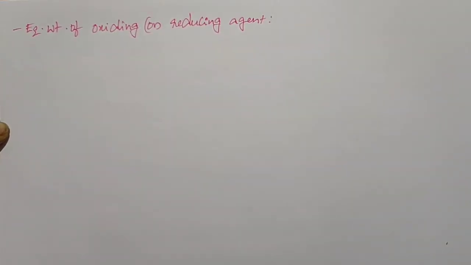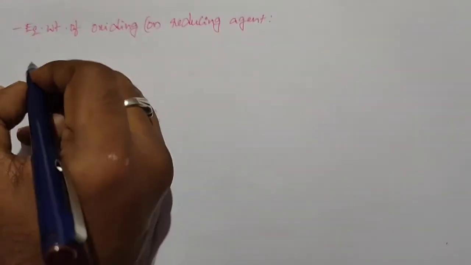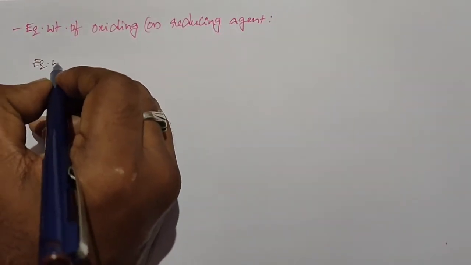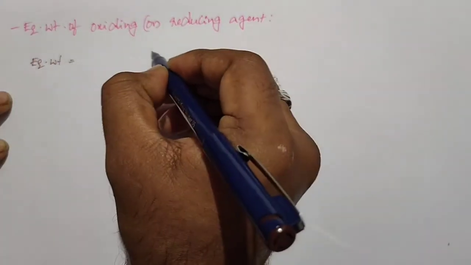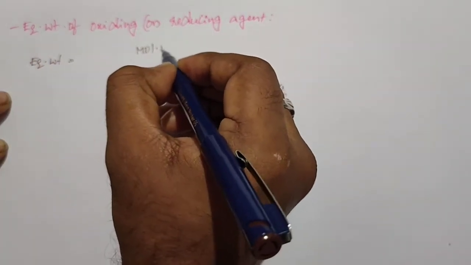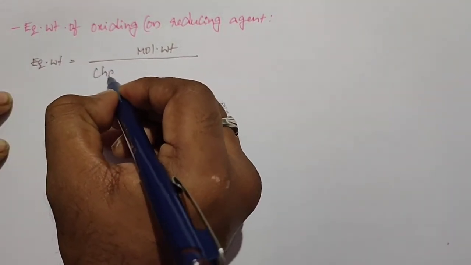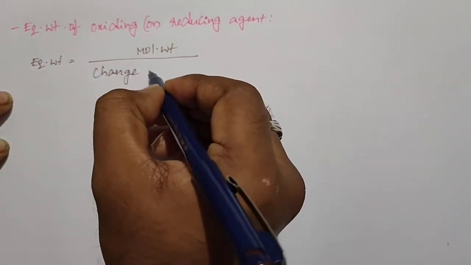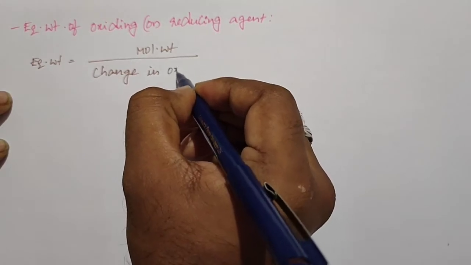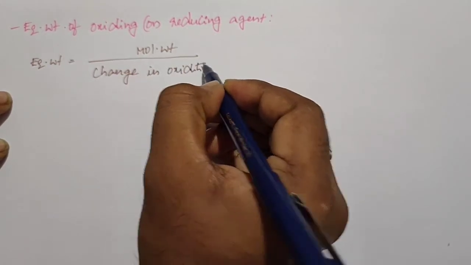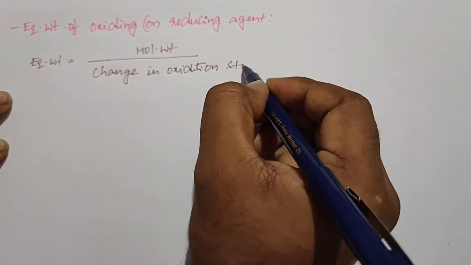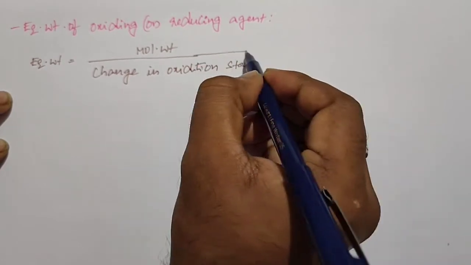The first one: equivalent weight is equal to molecular weight divided by the change in oxidation state. This is one formula based on the oxidation state.